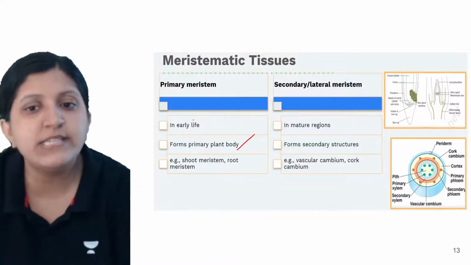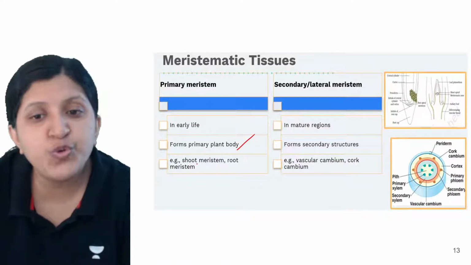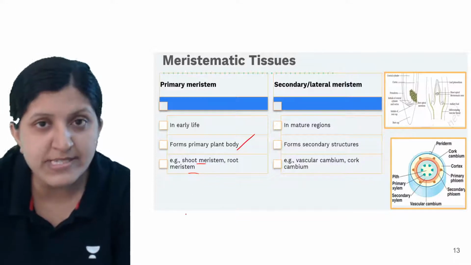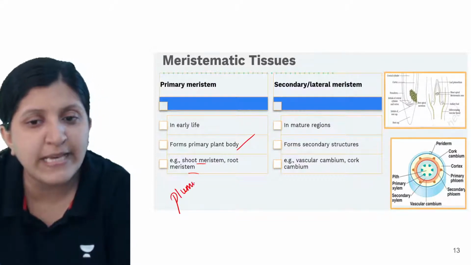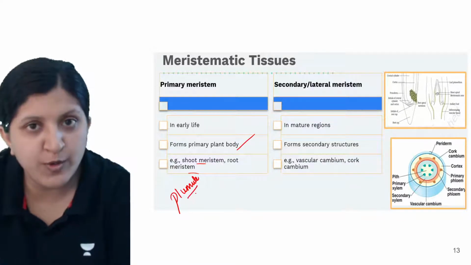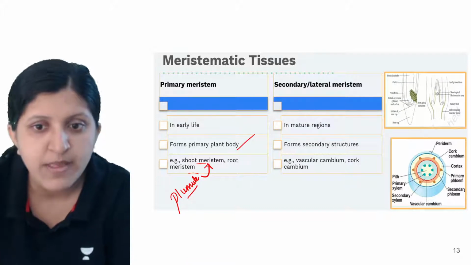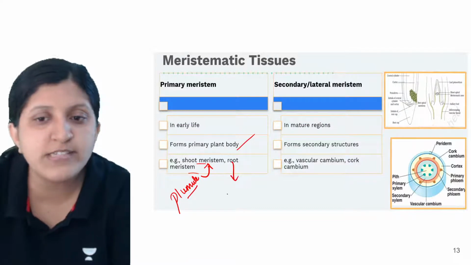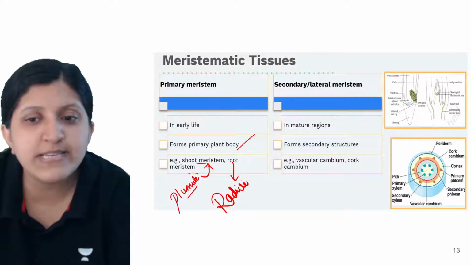So there is the shoot meristem and the root meristem, in the plumule as well as the radicle. The plumule is going to give rise to the shoot system. Then there is the root meristem, which is present in the radicle.